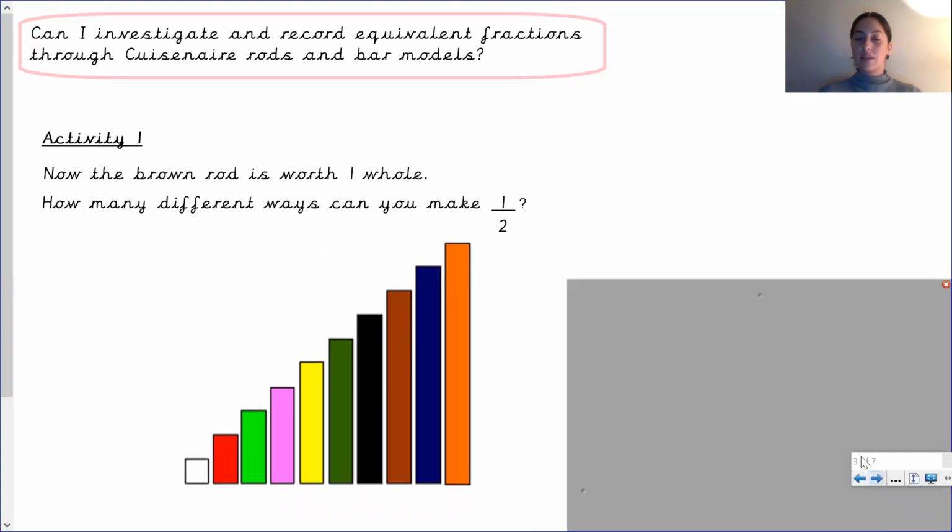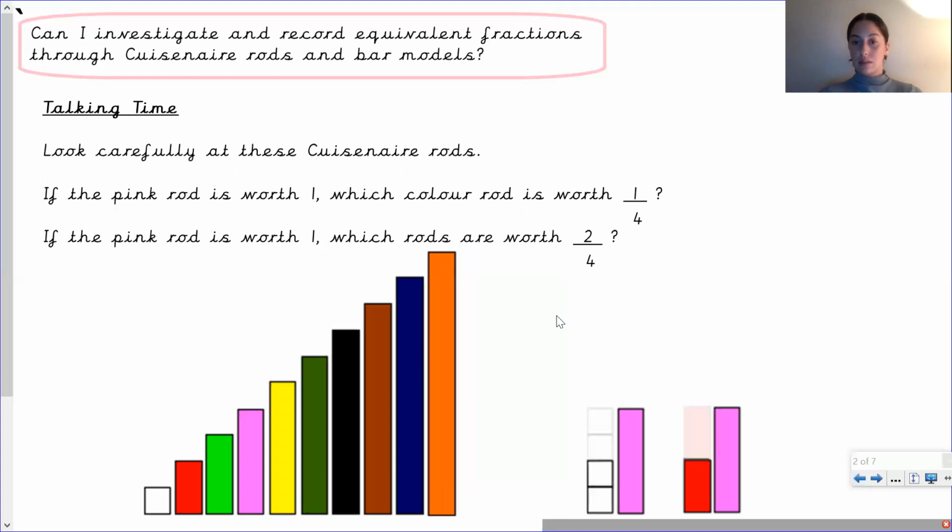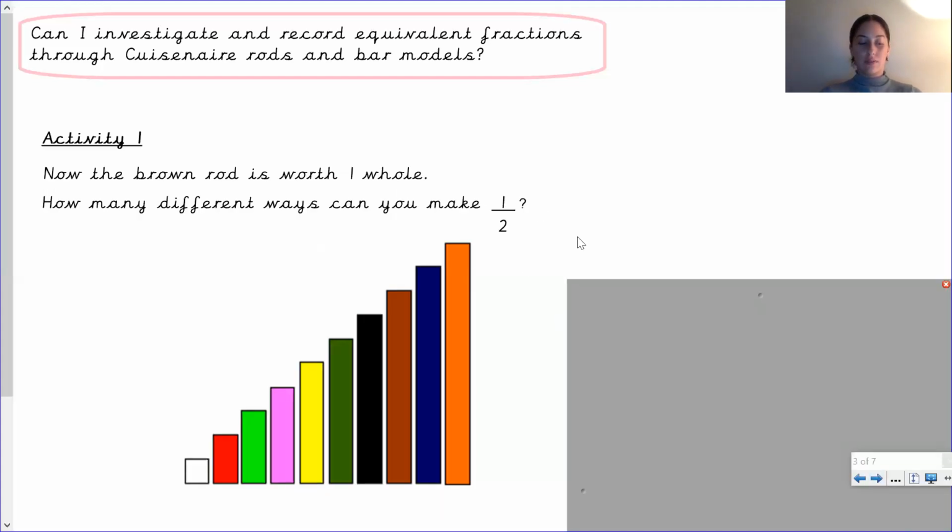How many ways can you think of to make 1/2 when the brown rod represents 1 whole? On your piece of paper, you could write down, for example, just the same as before, 2 whites could make 2/4. How many ways can you think of to make a half? Play the video when you're ready.